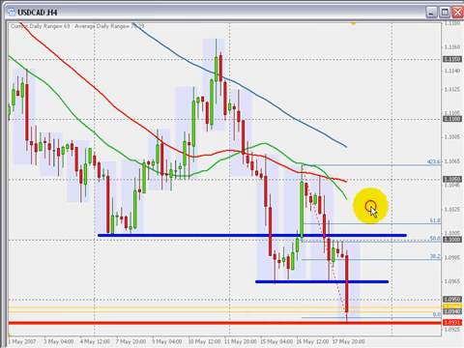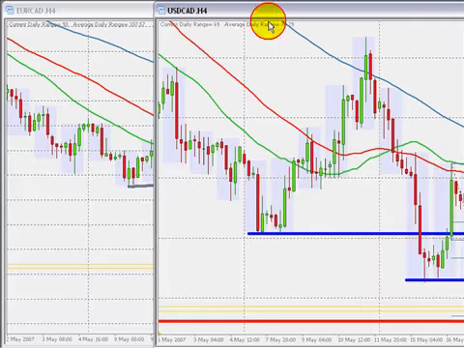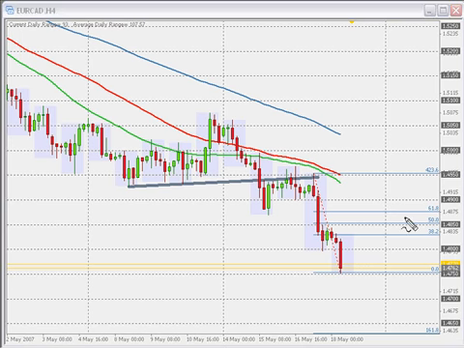If at this precise time I see that this level is holding and price continues to retrace up and up, I will not be surprised if the Euro Canadian dollar follows suit and keeps making new highs.